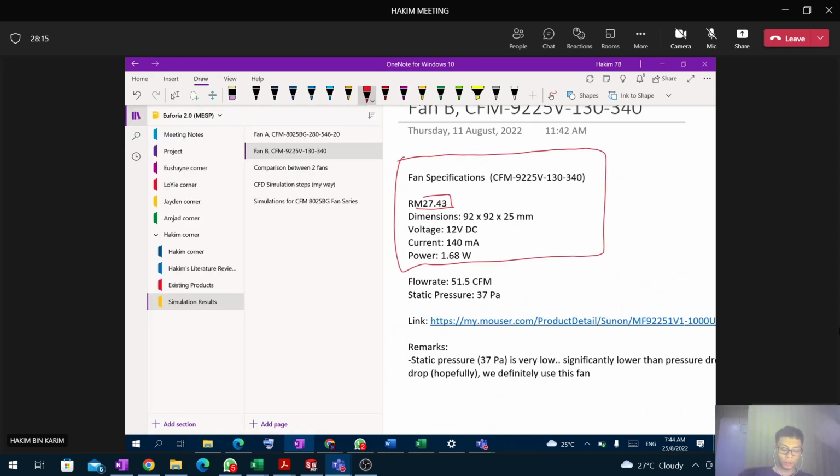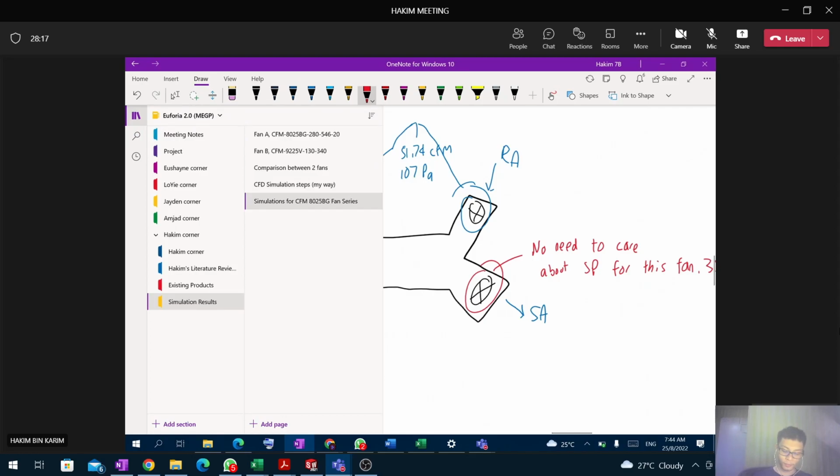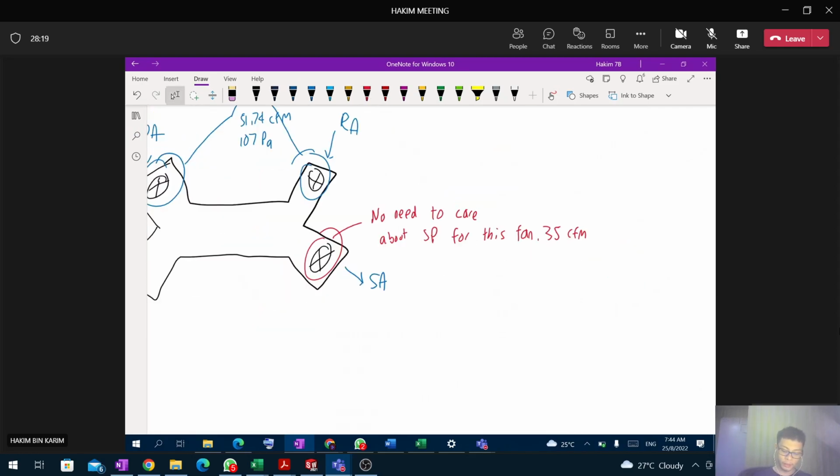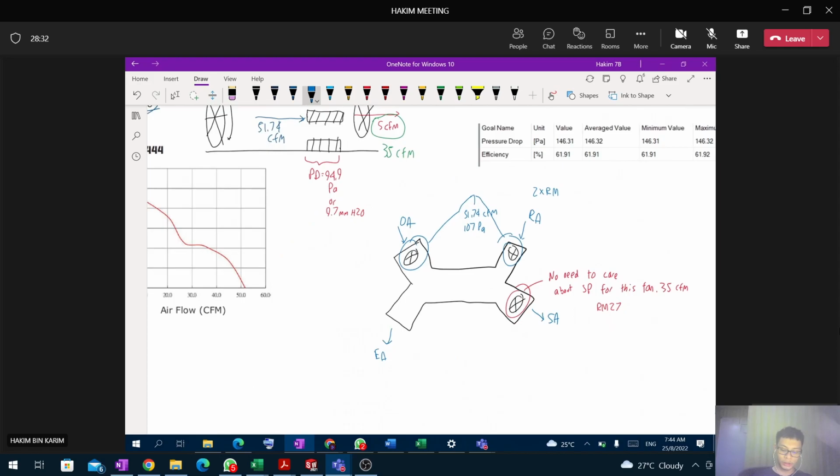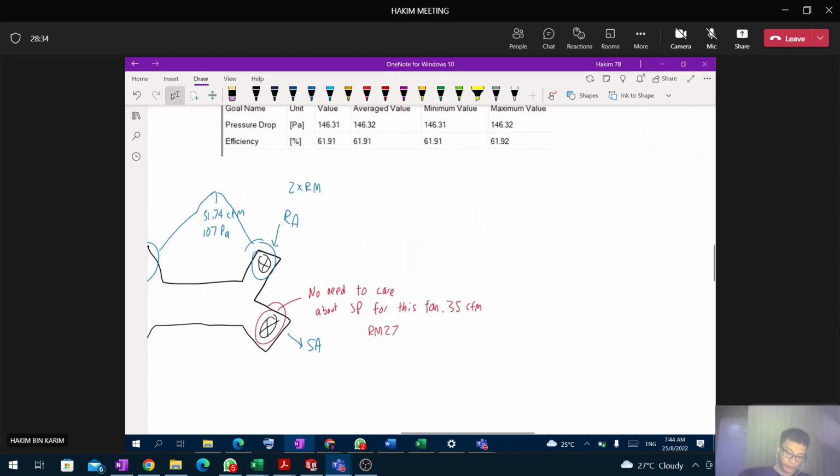So our total cost of the fan is, this is 27 ringgit. And then the cost of one of this fan is around 69 ringgit.